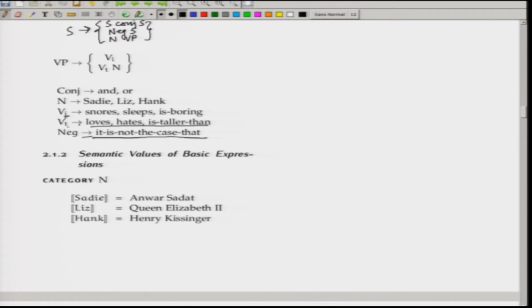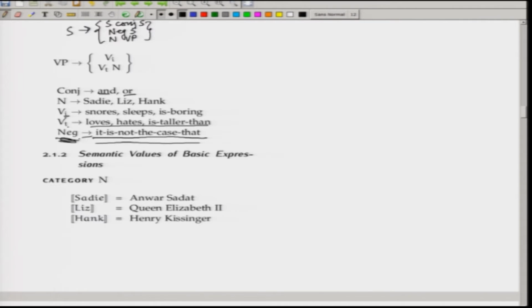So we have these three sentential connectives: and, or, and it is not the case that. This is a monadic connective neg, because it gets added to one sentence, but conj deals with two sentences, as we have already seen.